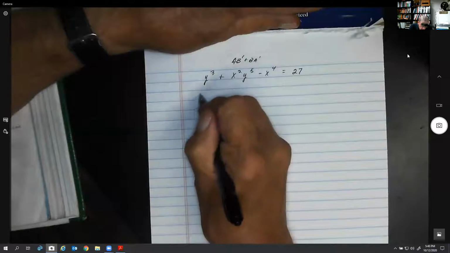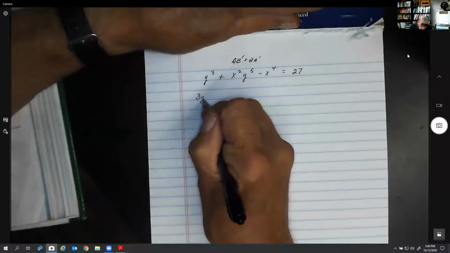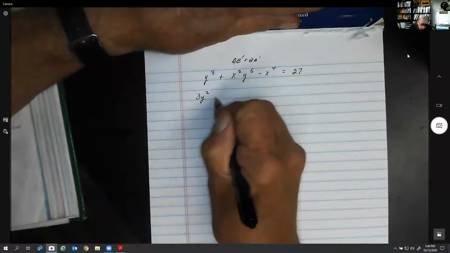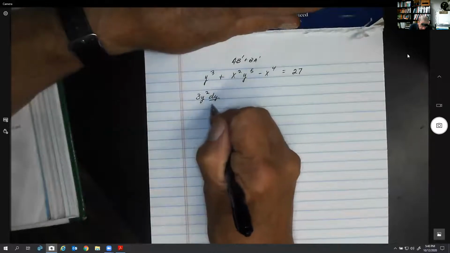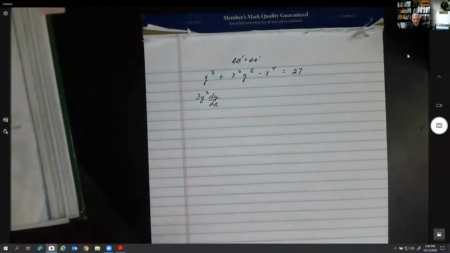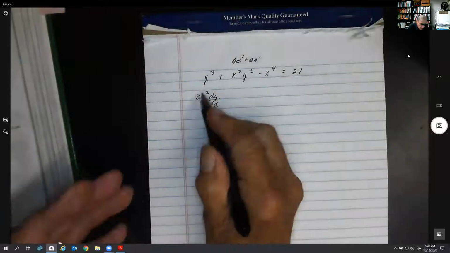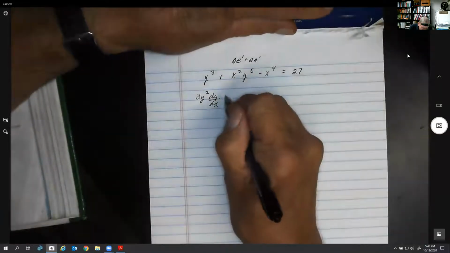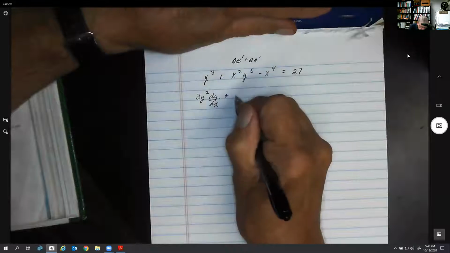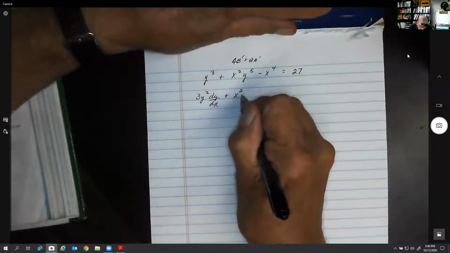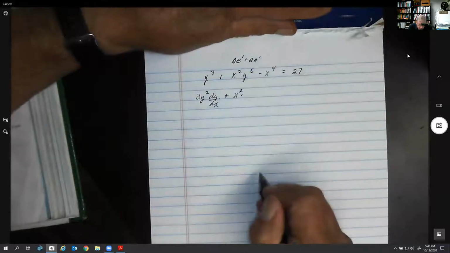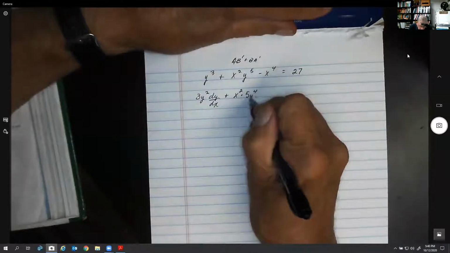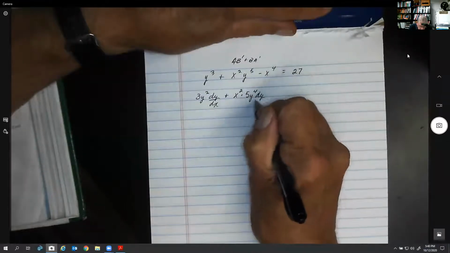First derivative is 3y squared, times dy over dx. You can almost think of it as saying, well, we took the derivative of the y. Then this is going to be plus x squared, we're not doing any derivative, times the derivative of y to the 5th, which would be 5y to the 4th, and again, we're taking the derivative of y.